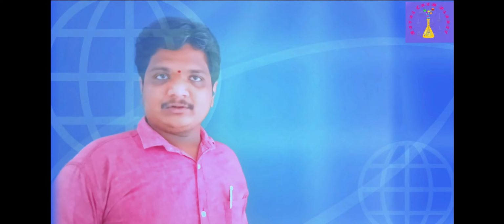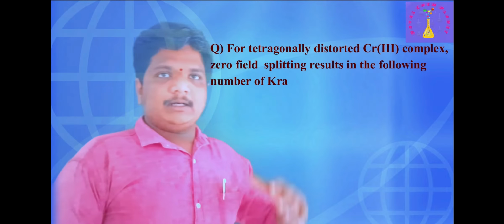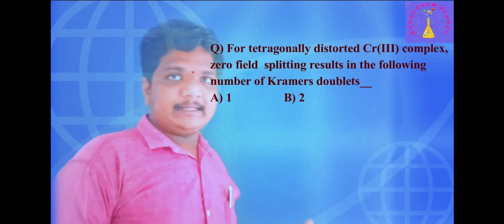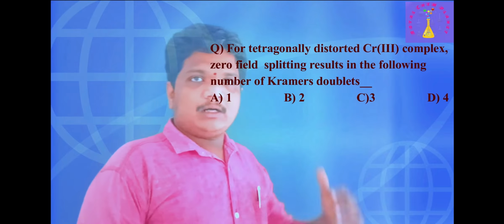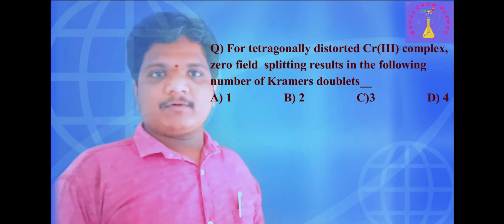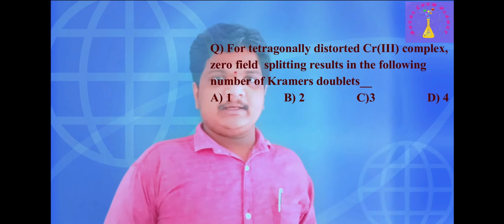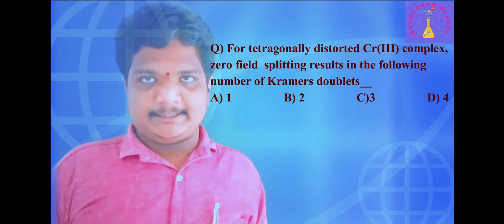Now let us move on to the next question. For tetragonally distorted chromium plus 3 complex, zero field splitting results in the following number of Kramers doublets. Here they are asking the number of Kramers doublets present in tetragonally distorted chromium plus 3 complex.